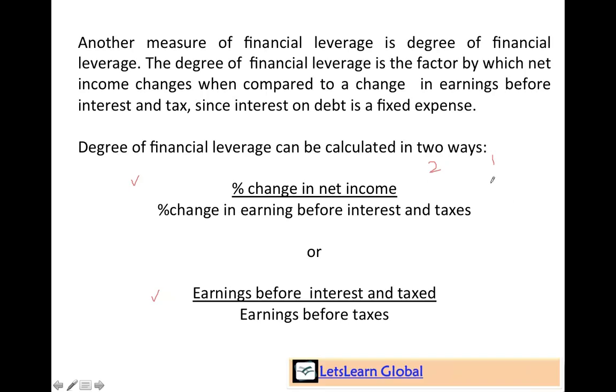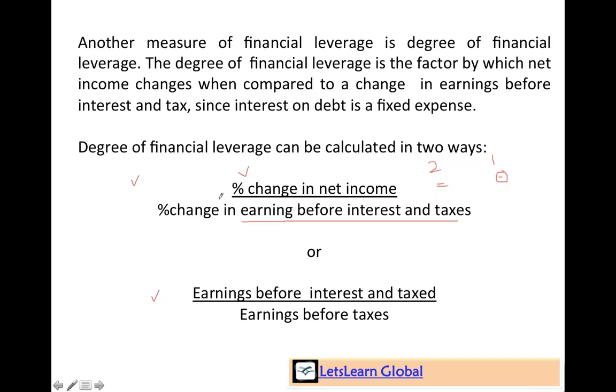Find out the change and also the percentage change, divided by the percentage change in EBIT. What was the EBIT in the first year? What is the EBIT in the second year? Find the difference amount, divided by the base year amount, the first year amount, to get the percentage. And this formula is to be used only when 2 years of income statements are given.